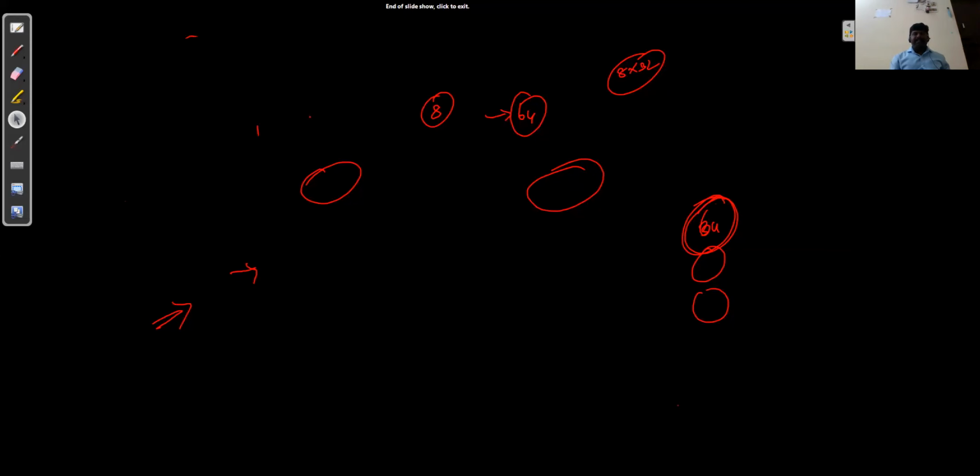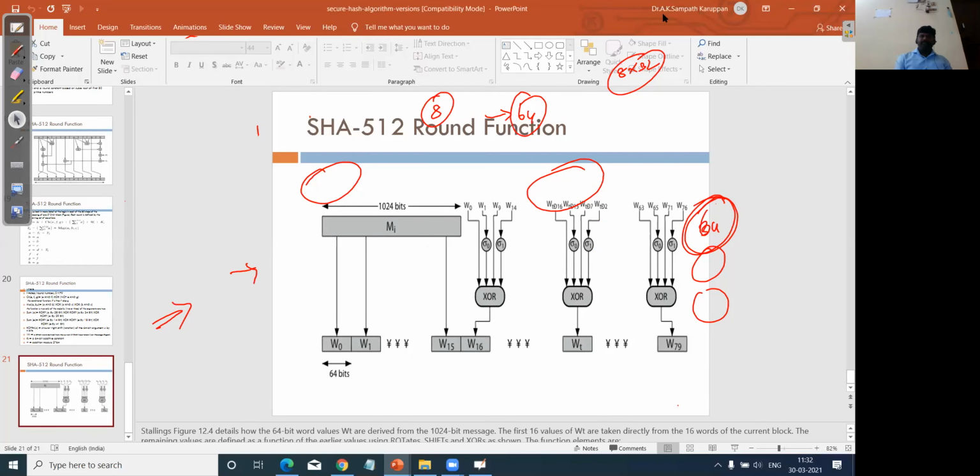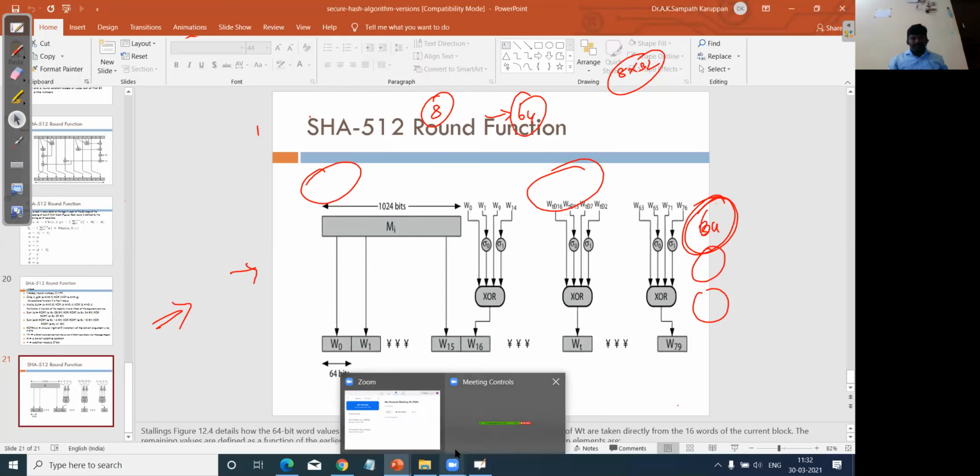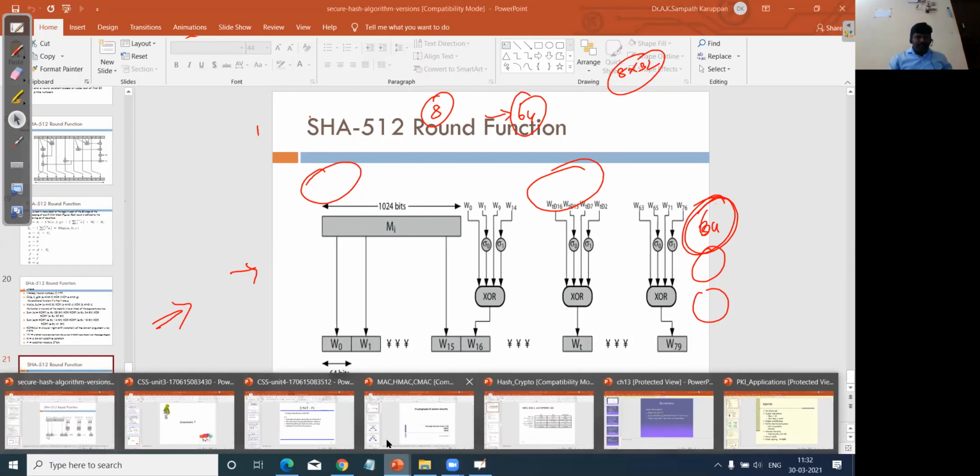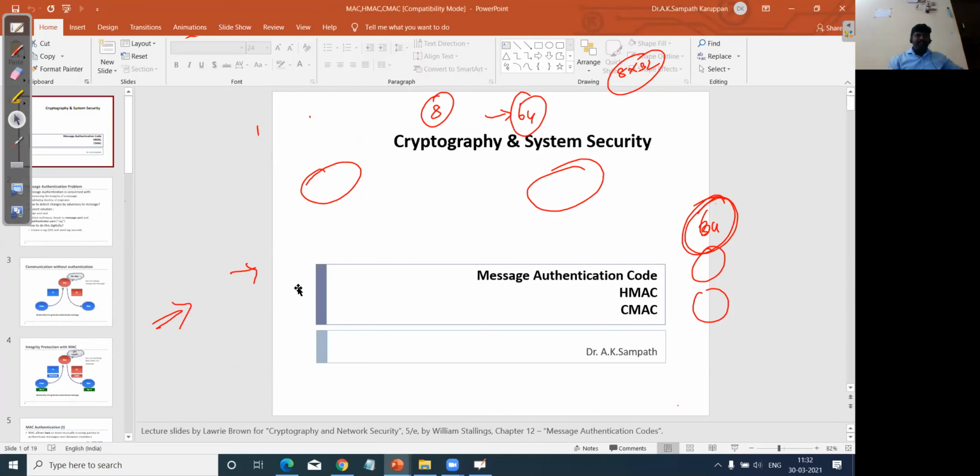Any queries regarding this explanation part? If no more queries, then I'll move to the next topic.